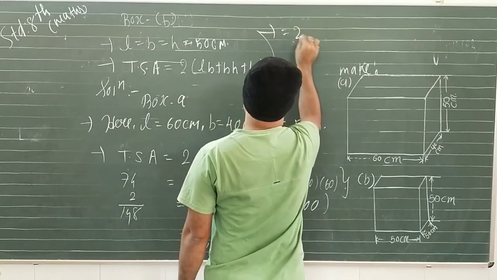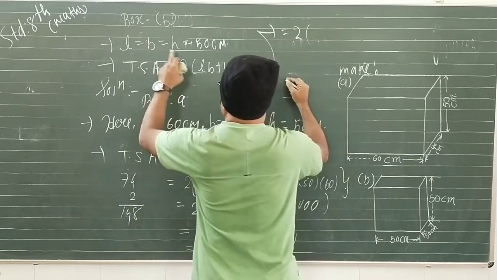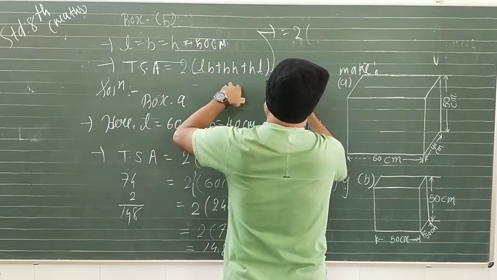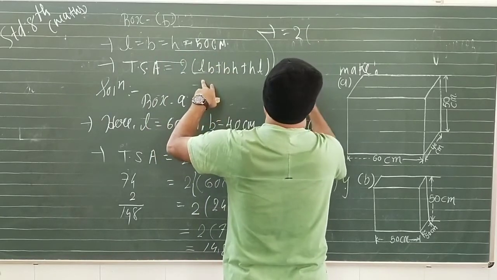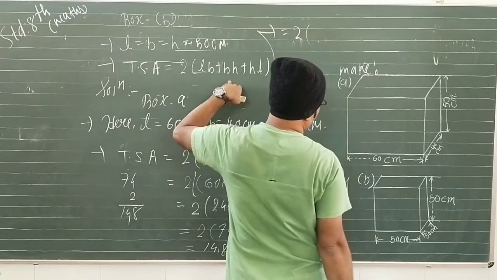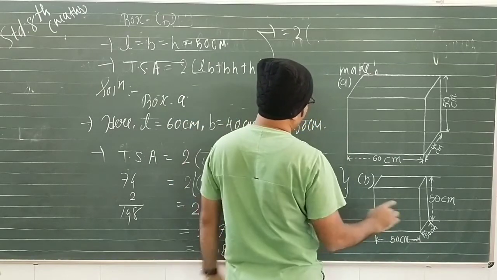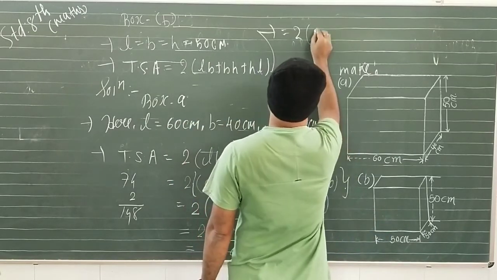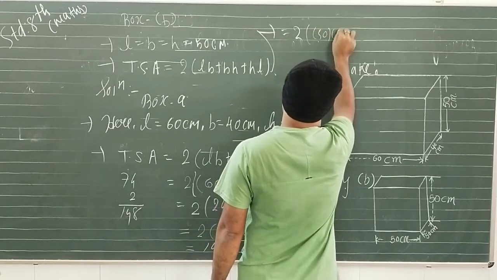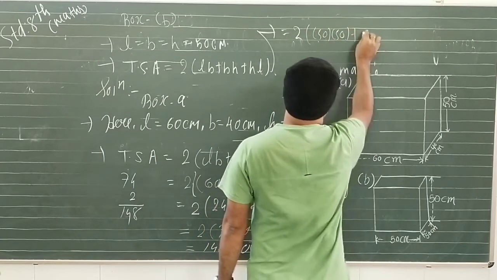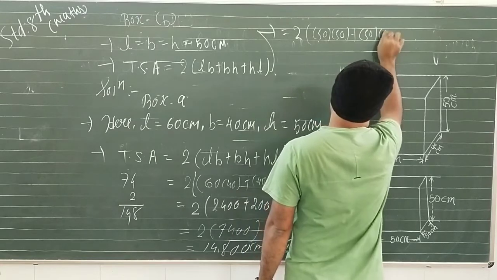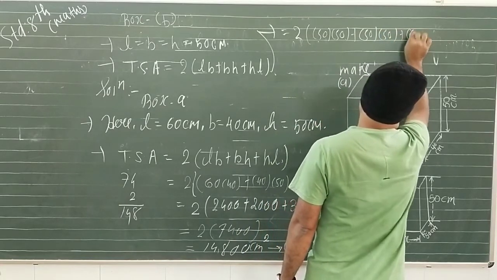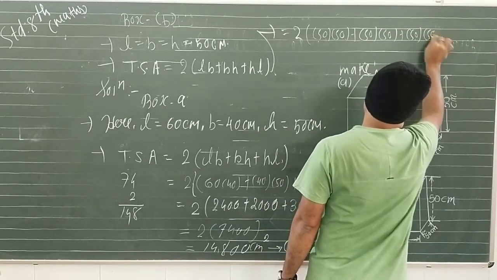Is equal to 2 into, now see, LB plus BH plus HL. You can see that here the length, breadth and height are all the same. 50 into 50, 50 into 50, plus 50 into 50.